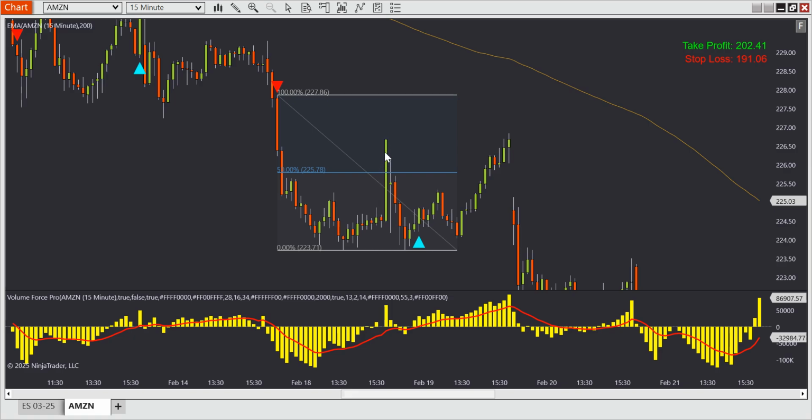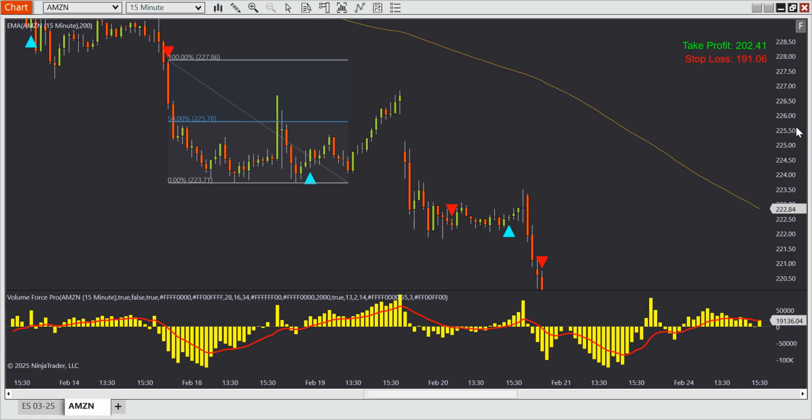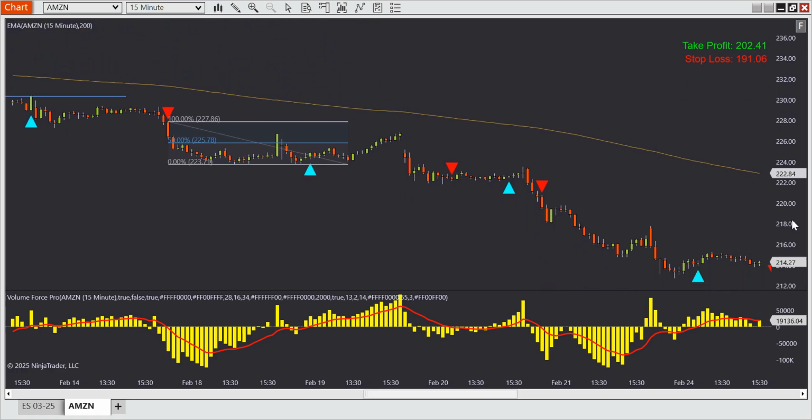Price moves back up into the premium side of that range, of course tapping into this gap here. So many confluences: premium of the range, the sell signal giving us confidence that another down move is coming, price still below the 200 EMA. And then that is exactly what we see.